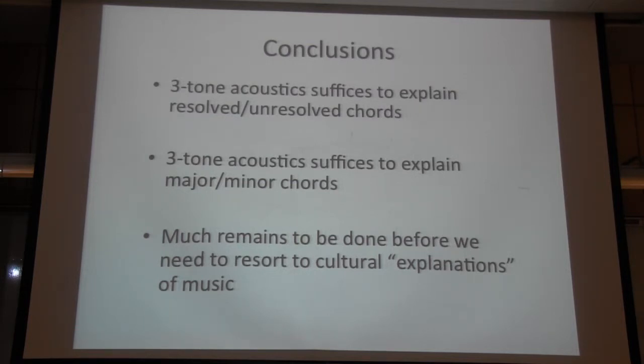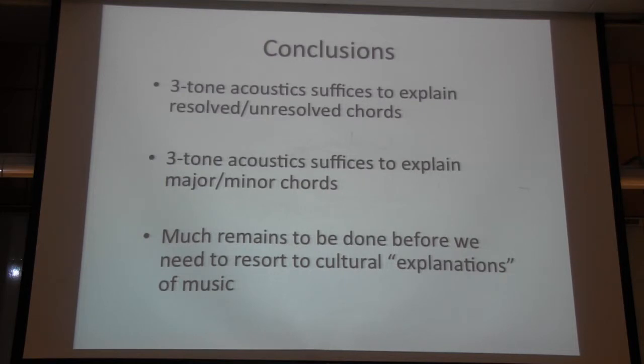Our main point simply is that this is acoustics. This is not the major and minor distinction. The resolved chords versus unresolved chords is not a cultural tradition that's been inherited from lute players from the Italian Renaissance. This is acoustical. It's computational.